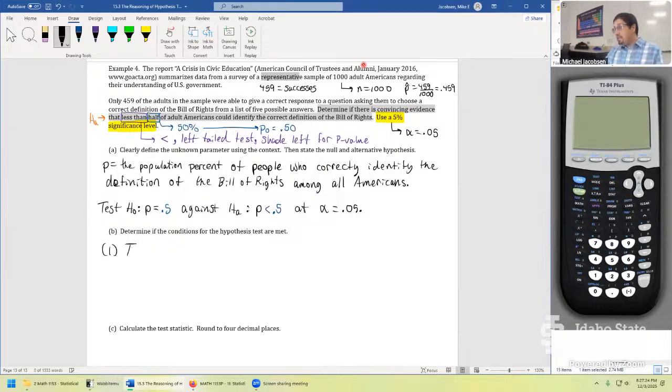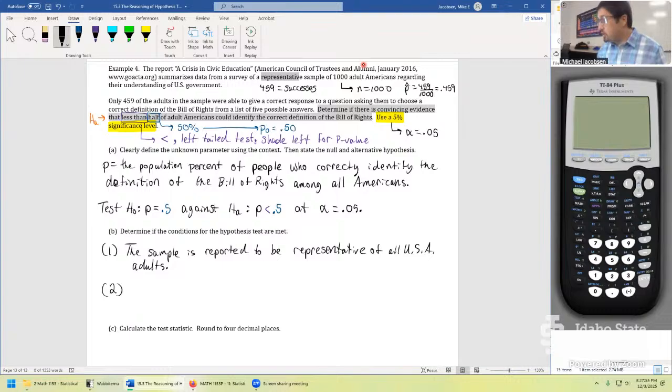We'll say here, the sample is reported to be representative of all USA adults, which is our population. So that condition is met.